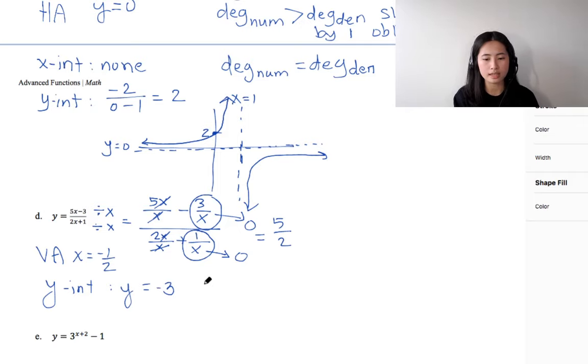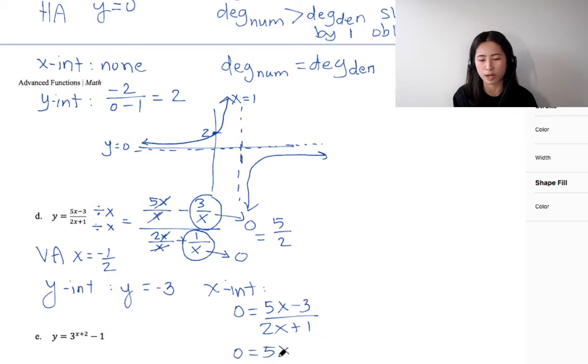And then your x-intercept. That means you need to have y equal to 0, so you're going to solve for your x. So 0 is equal to 5x minus 3 over 2x plus 1. When you cross multiply, 0 times 2x plus 1 is 0. Therefore, you're going to have 0 is equal to 5x minus 3.